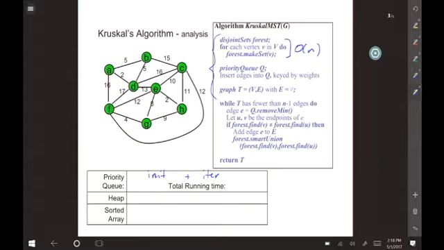Priority queue, this is going to be either big O of m or big O of m log n, depending on which one we choose. And then setting up the graph this way is going to be big O of n to set up the vertices. So in each case, the initialization is dominated by the priority queue operation.